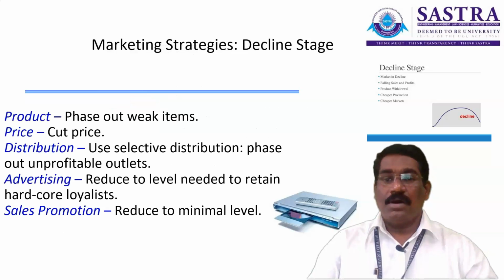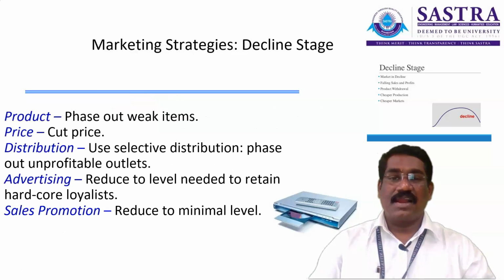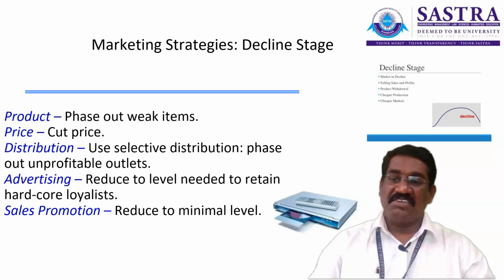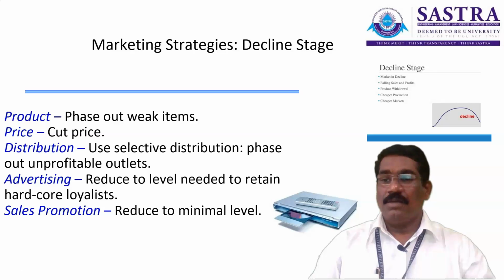So what are the relevant strategies in the decline stage of the product life cycle? When you look at the product, we have to phase out weak items from the product portfolio, and we need to cut price. We cannot stay with the existing price because the market share is already getting reduced.